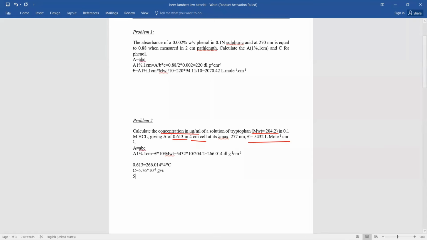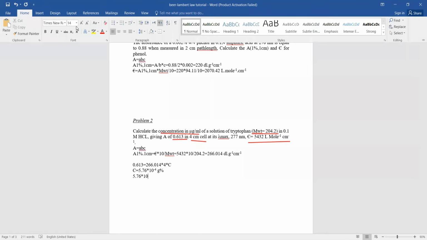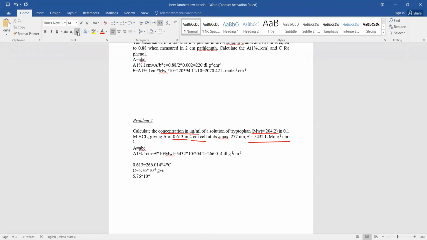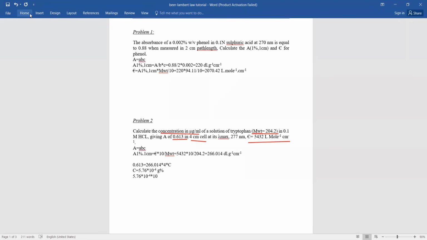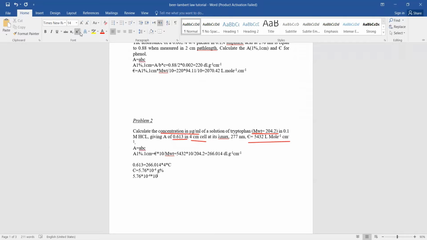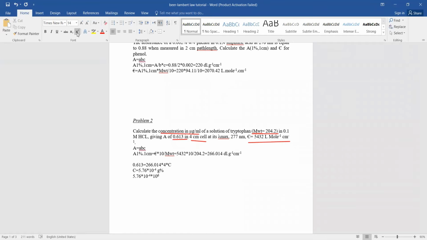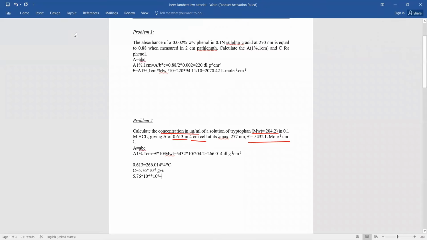Okay, so 5.76 times 10 to the power negative 4 times 10 to the power 6 will be equal to 576 microgram percent.